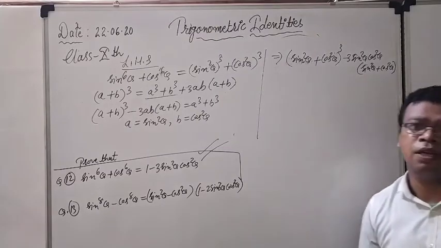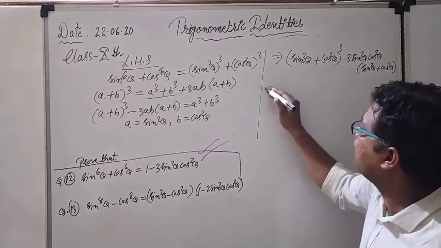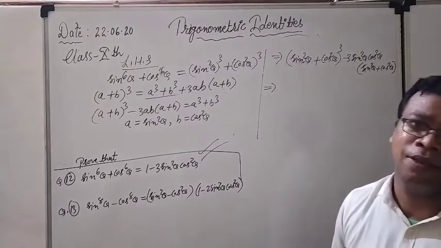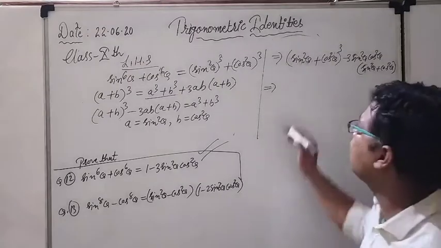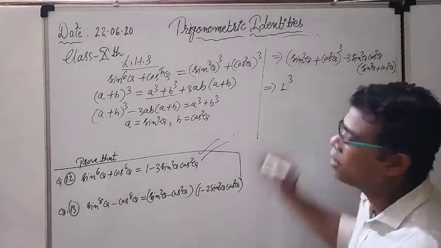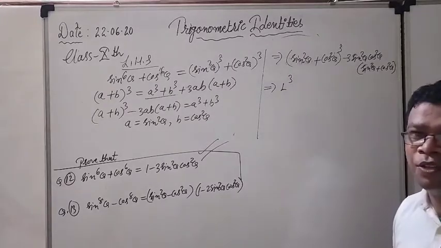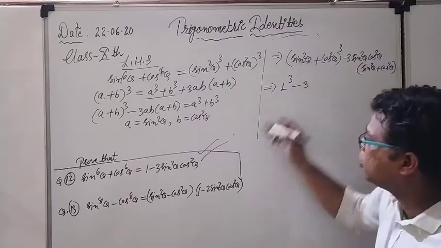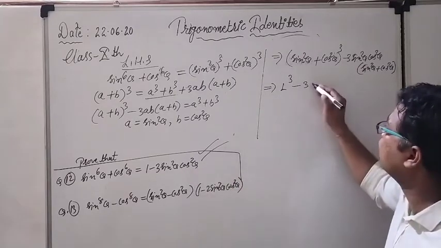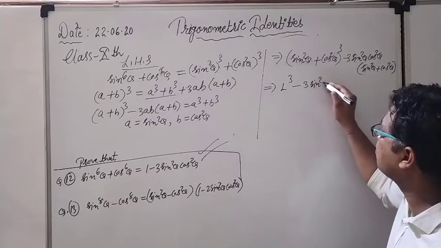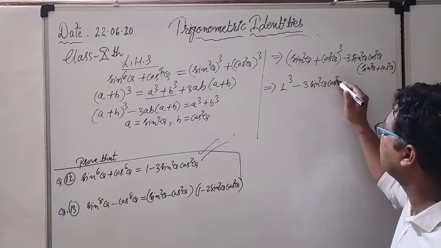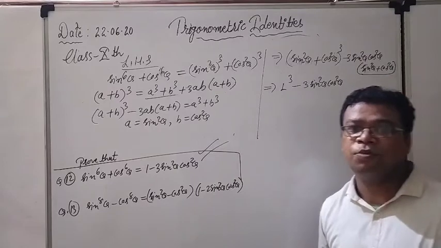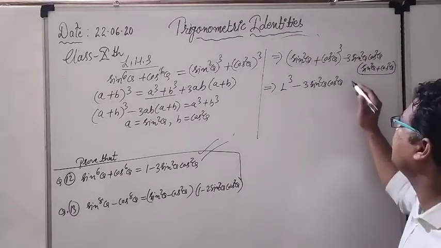I think things are clear to you. Now see this particular thing, sin square theta plus cos square theta, it is an identity. And what is the value of this identity? 1. So directly it will be converted to 1 cube. That is the setting of the question. Minus 3 stays the same because that is our requirement, so no need to touch this: minus 3 sin square theta cos square theta. And see this bracket again, sin square theta plus cos square theta is converted into 1.